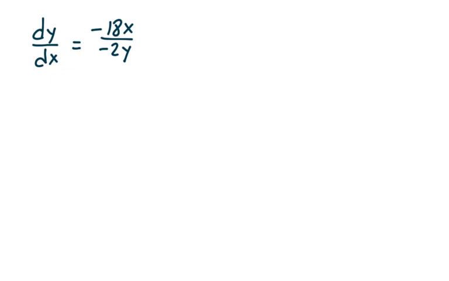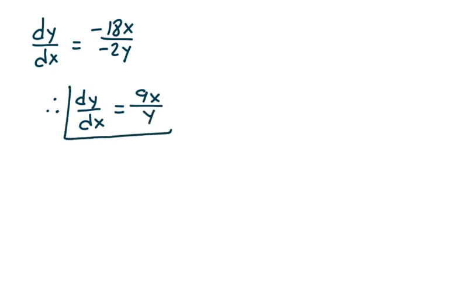But negative 18 divided by negative 2 is positive 9. And so this can be simplified into dy/dx is equal to 9x divided by y. And that's how we do example 1.